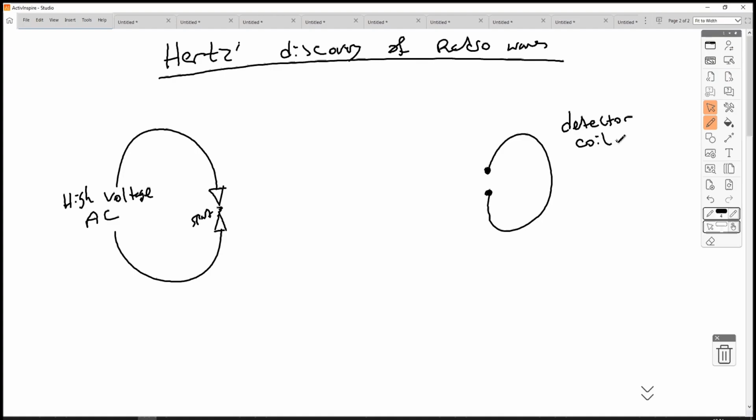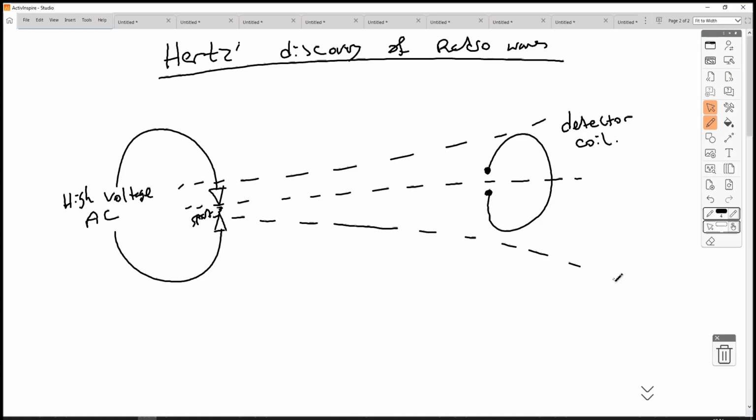And the reason why he was able to detect it is because those oscillating E fields and B fields would induce an oscillating potential difference, or EMF, in the detector coil, causing that to spark, or to generate a potential difference. So the waves were coming out, and they spread out as they move further along.